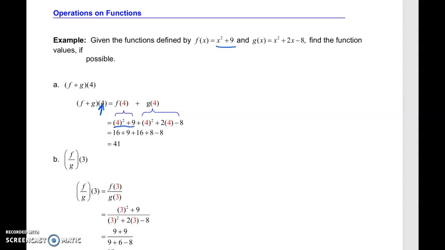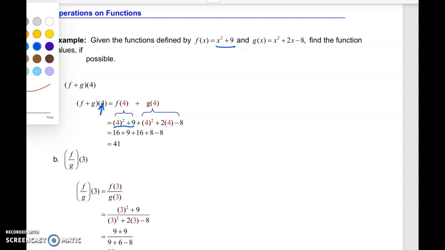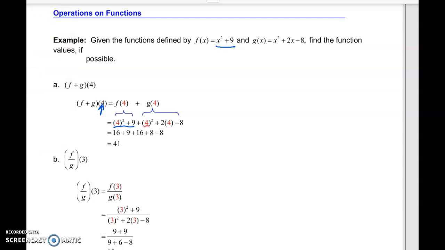And function f is you take the input, you square it, add 9. So that's this part. And then here we have function g, which is you take the input, square it, plus 2 times the input minus 8. And so that's what you have here. So now doing the calculations, we end up with 41 once we add it all together.